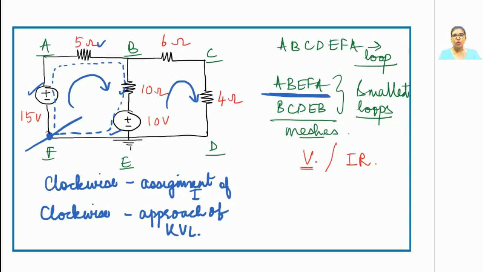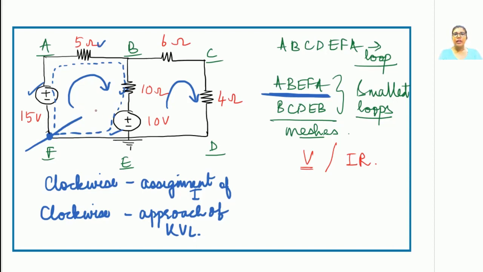Either it can be a voltage source, so it will directly take the voltage value, or it can be expressed in terms of the current flowing through a particular resistor multiplied with its respective resistance. Now my analysis for writing the KVL equation begins in the clockwise fashion, and the assignment of current direction is also in the clockwise manner.